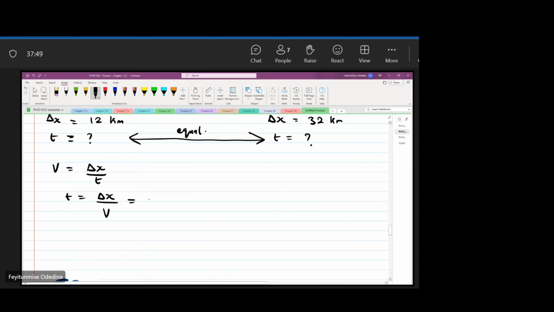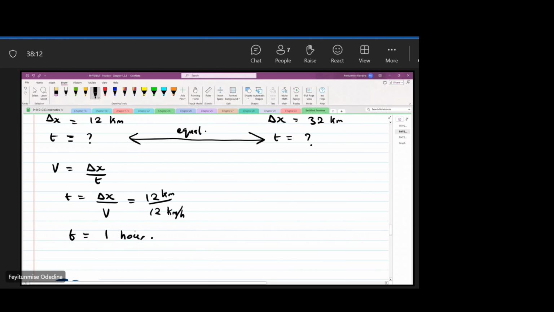This becomes 12 kilometers divided by our velocity of 12 kilometers per hour. Make sure to keep a note of these units. These units are in kilometers and kilometers per hour, not meters and meters per second. So if we calculate this, we get our time to be 1 hour.